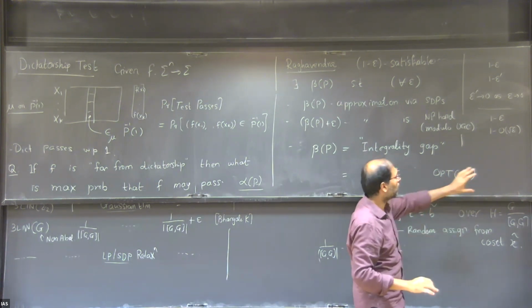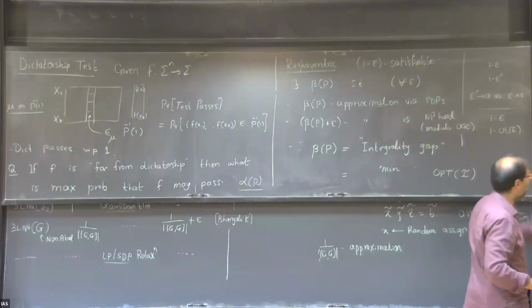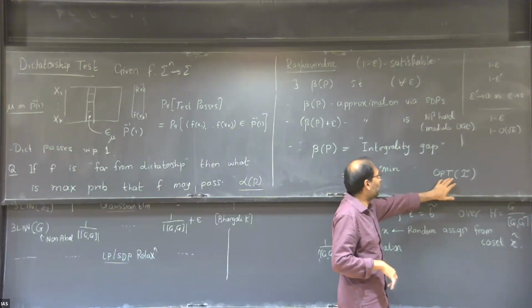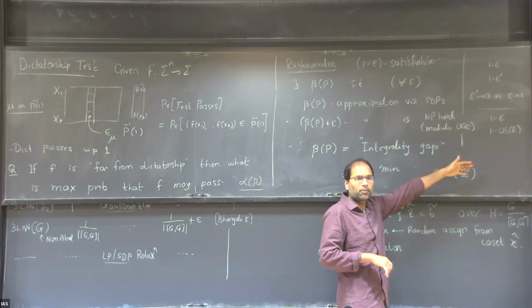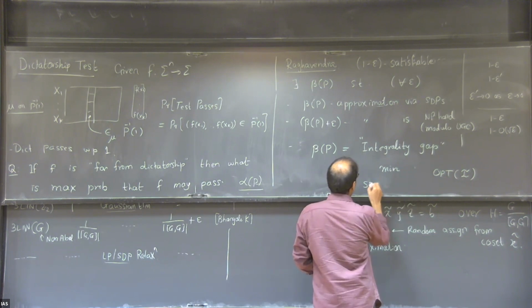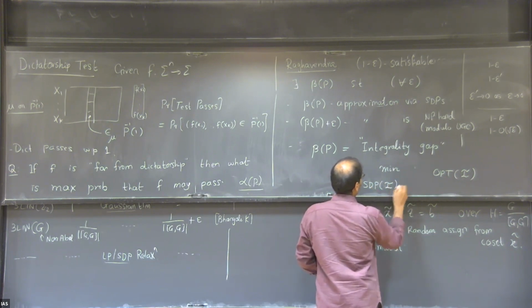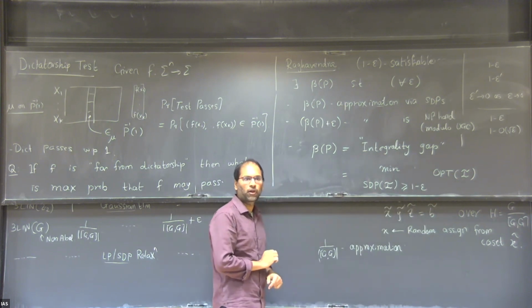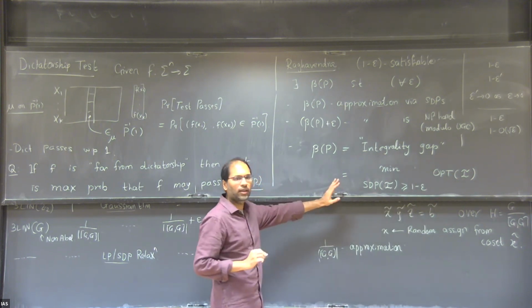On the other hand, when you write down the SDP relaxation, it's a relaxation, so it outputs a solution which could do even better than the optimum. And you will only look at those instances for which what the SDP gives you is at least 1 minus epsilon. So this is how you define this quantity called the integrality gap.